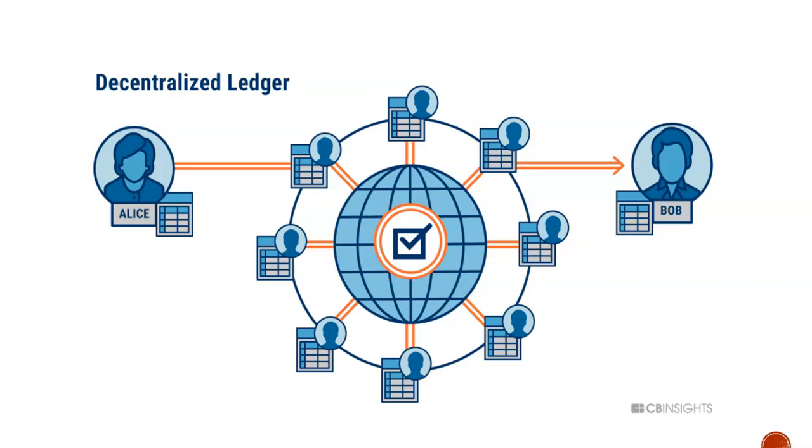Now you could see a copy of the ledger is available with everyone, including Alice and Bob.